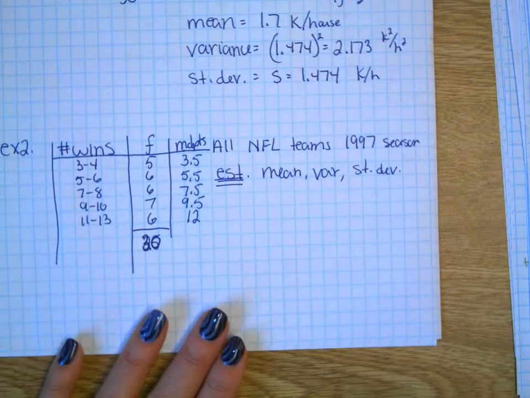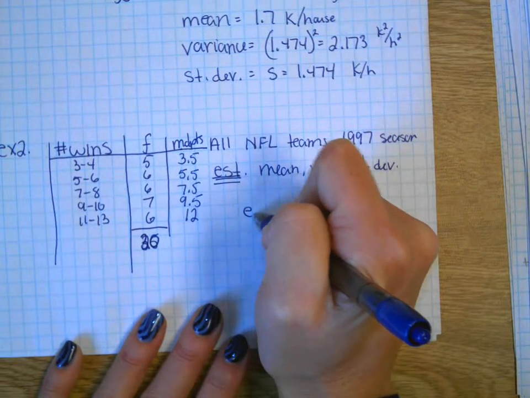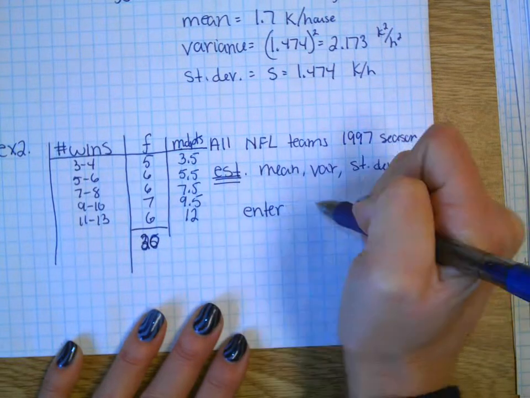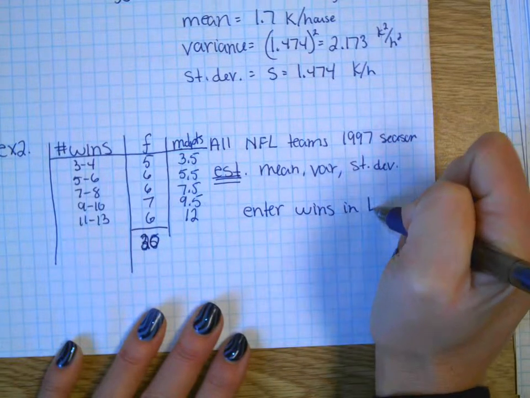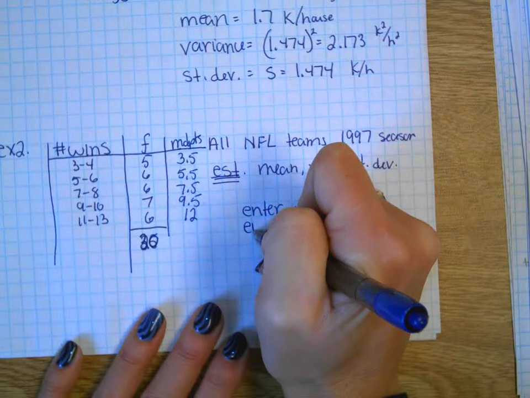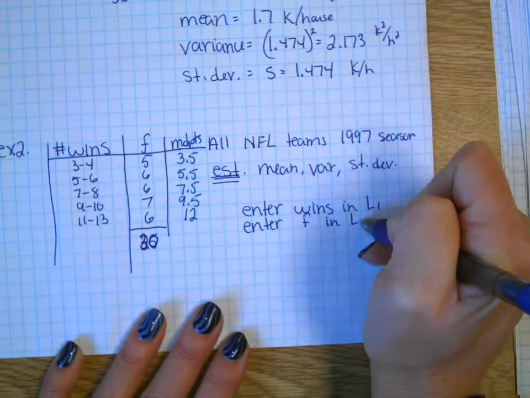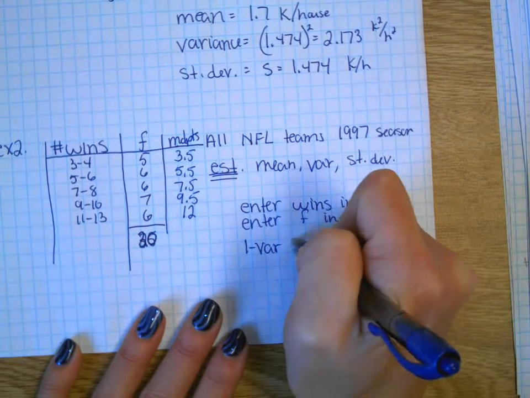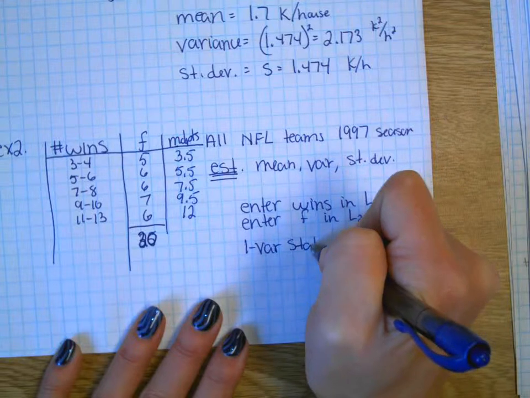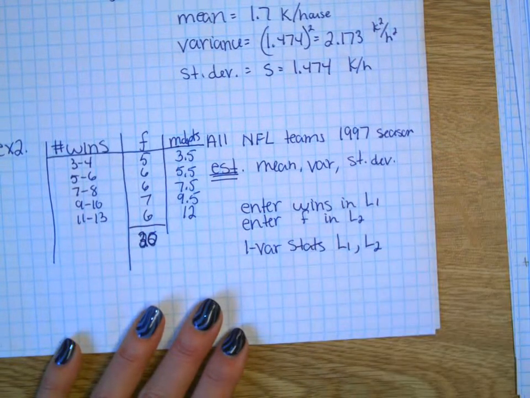It was wrong. Okay, so our trick, we're going to enter the wins into list 1. Enter the frequency into list 2. And then you're going to 1-var stats that. But don't forget the comma for the second frequency list.